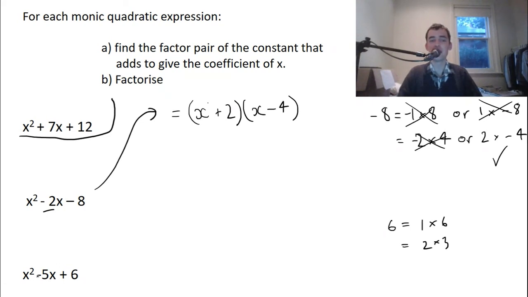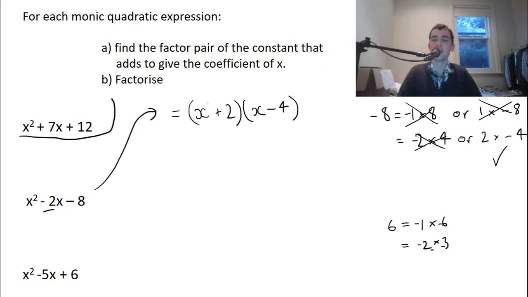So how do I get -5? One way to think about this is, well, there's two ways of getting a +6 as an answer. Either both of these numbers are positive or both of them are negative. So let's try making them both negative. -1 plus -6 is -7.